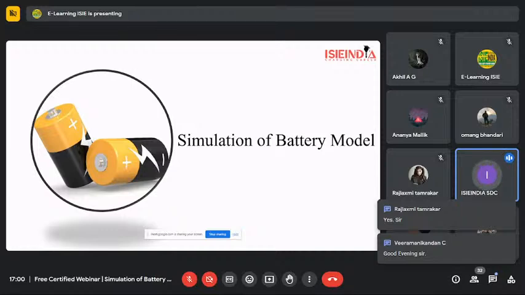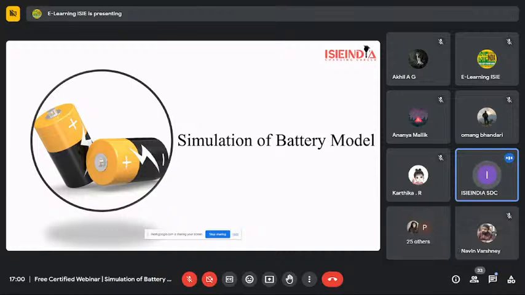First of all, we know that the battery is a very crucial part of an electric vehicle. The safety as well as the exact calculation of the battery is very important, so that the battery can give us the proper range and also performs its function under safe operating conditions.